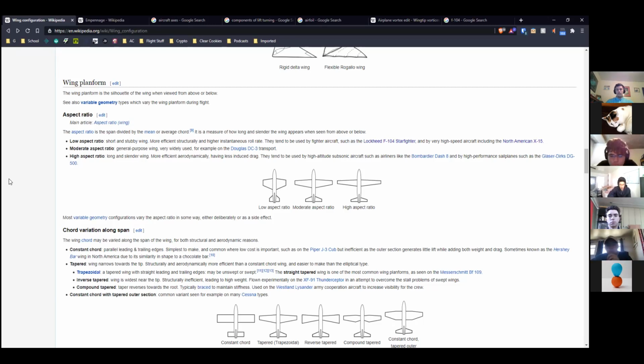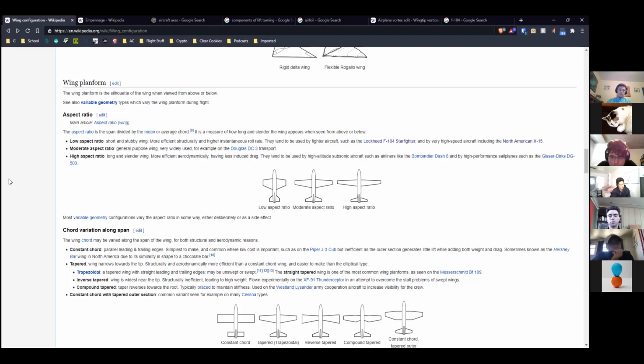But basically, the more you spread the lift out away from itself, the less drag you're required to have from creating lift. So that's why a higher aspect ratio is desirable on most designs.